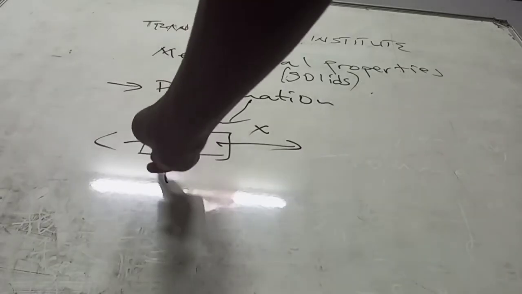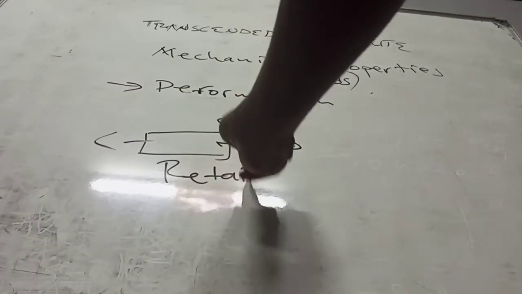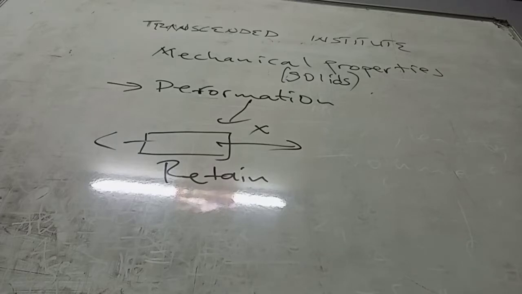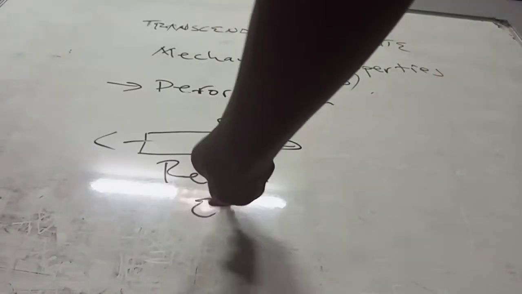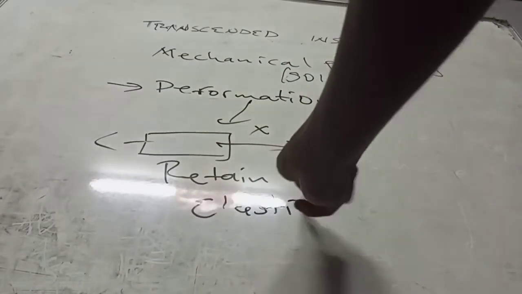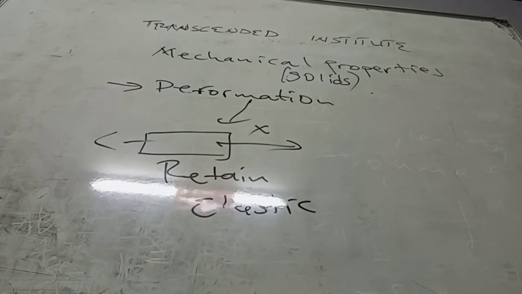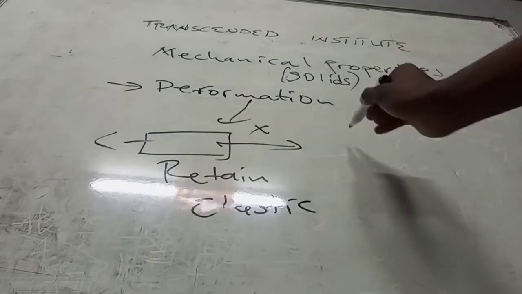So in this type of case, after applying a certain force, it will retain its initial properties. In such a deformation, we call it elastic. So what type of deformation? Elastic deformation.